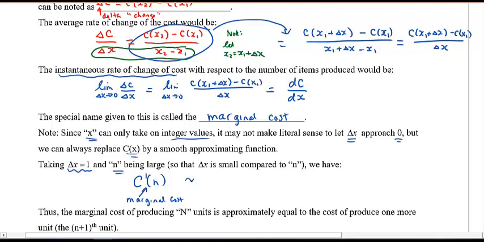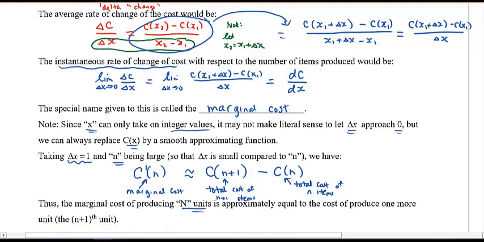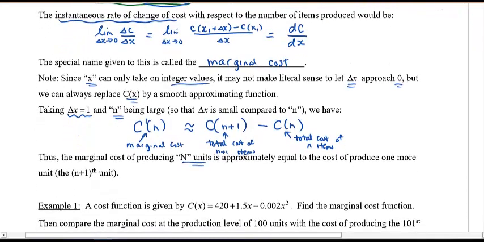That would be approximately equal to the cost function plugging in n plus 1 items, so the total cost of n plus 1 items, minus C of n, the total cost of n items. Therefore, the marginal cost of producing n units is approximately equal to the cost of producing one more item, or the next unit.